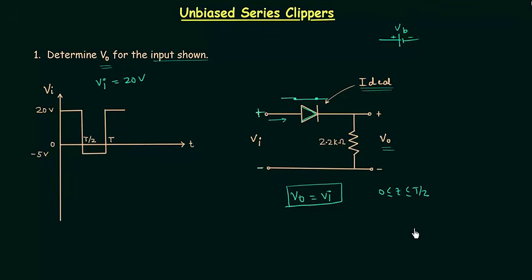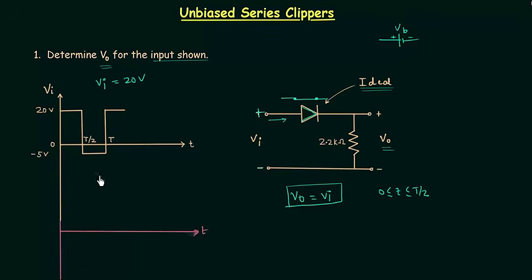Before moving to the next half cycle, I will first plot the output waveform for the first half cycle, and I have already explained in the last lecture that it is good to plot the output waveform just below the input waveform because this will reduce the chances of error.